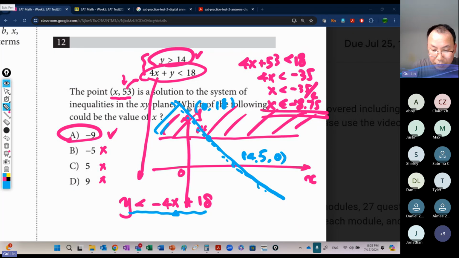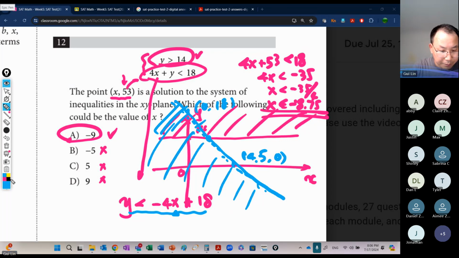So this is the area. What about this part? y less than here. So it's underneath here, right? Underneath here. So the overlap area will be what? The overlap area will be here in this corner, right? This corner.